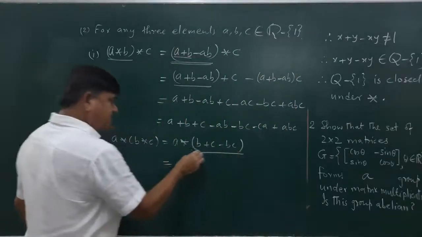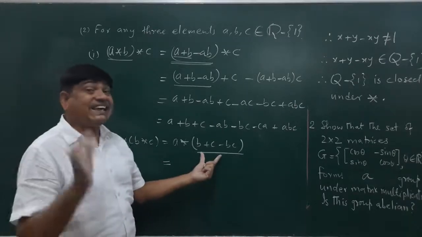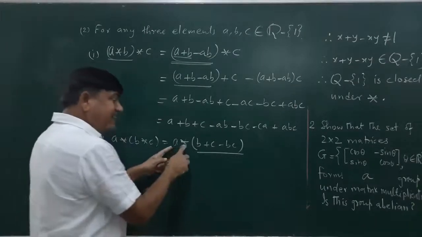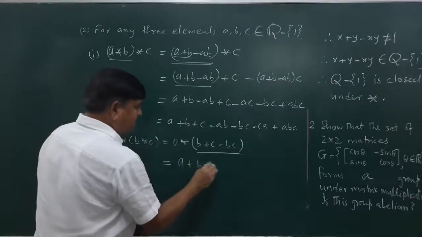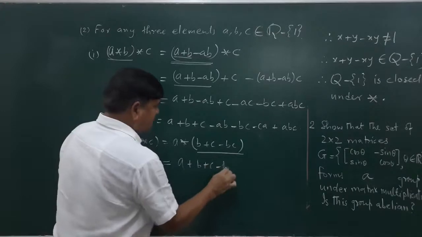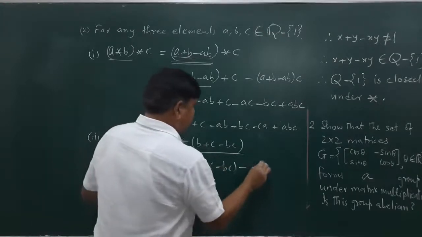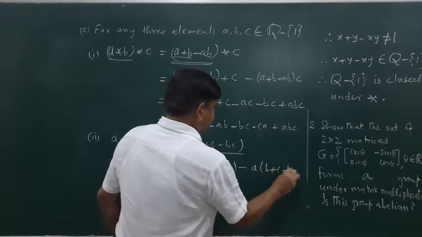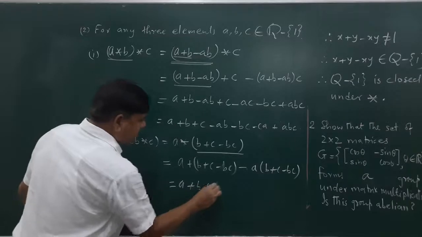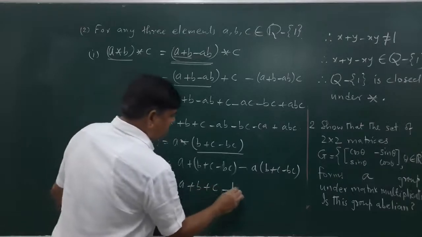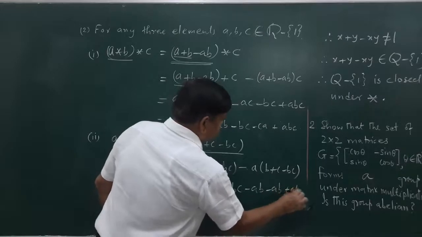Then single element, suppose it is x, so it looks like A asterisk x, A plus x means A plus x का मतलब ये है. Then minus इन दोनों का multiplication A times of this. So it is A plus B plus C minus BC minus AB minus AC plus ABC.